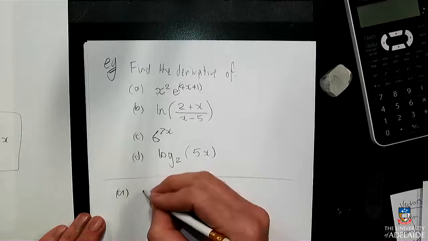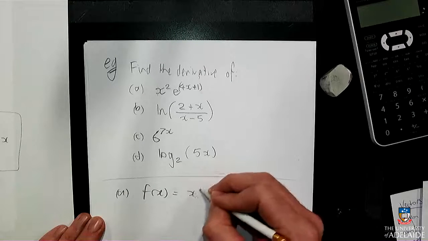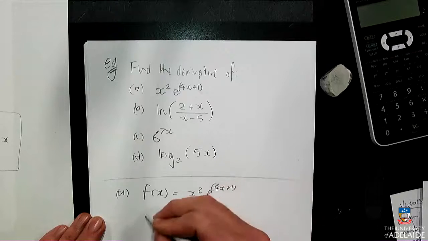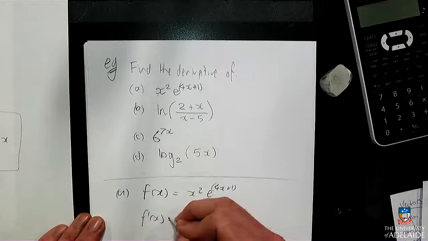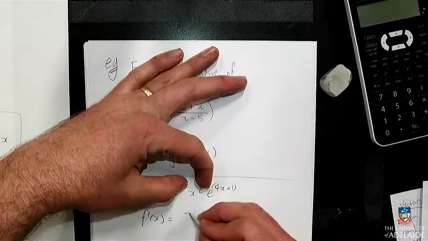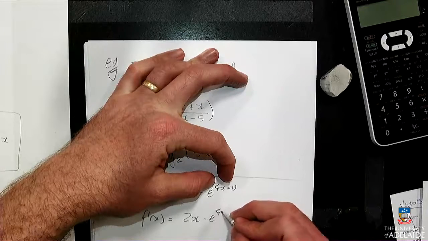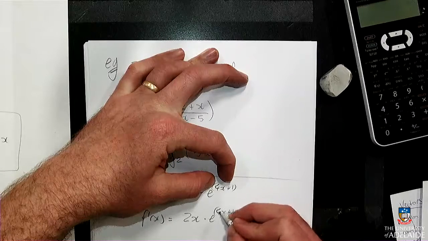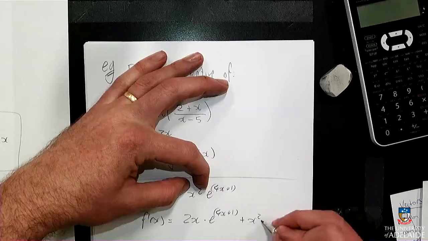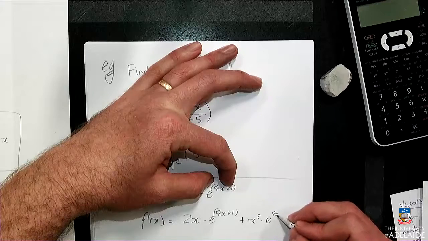So A, we'll call it f of x so that it will be easier to do this. Now, because it's made of two things multiplied together, I'm going to have to use the product rule. So I'll do the derivative of the x squared, which is 2x, and I'll keep the e to the 4x plus 1. And I'll keep the x squared, and I'll do the derivative of this, which is the same as what it was.